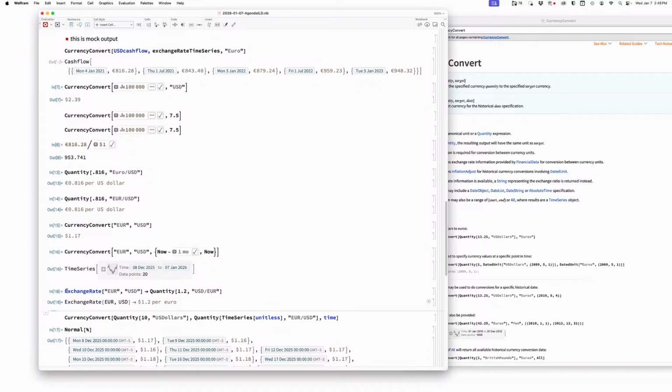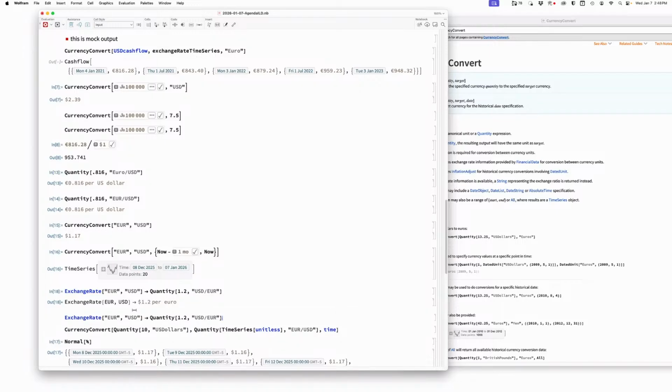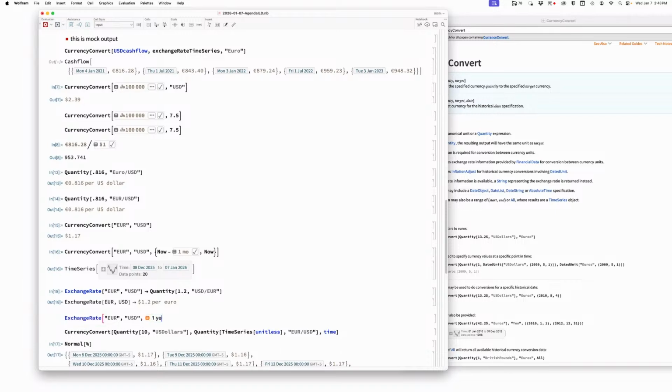So that's what I think we should do. We should have an exchange rate function. We should not mess with currency convert. We should have an exchange rate function where the default, if I just say 1 year here, it should give the past year, etc. And if you say all, then it gives what we have data for.